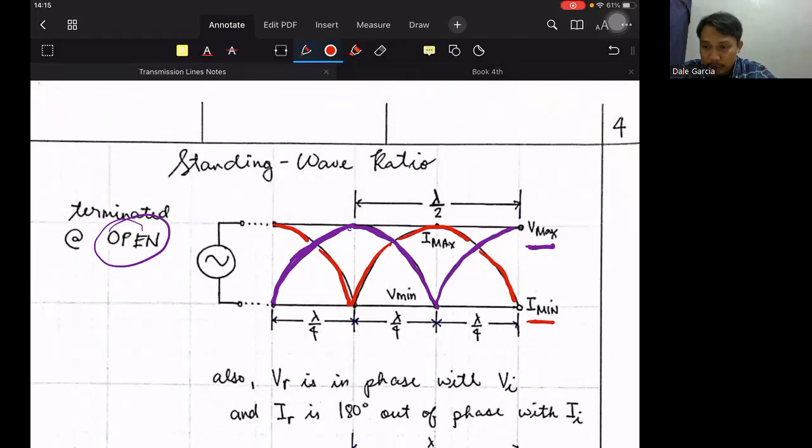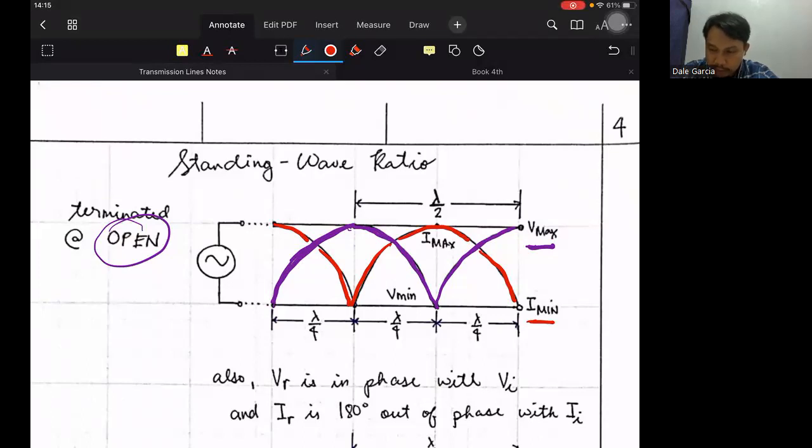Much like an open circuit, where current cannot pass through, so current is 0. Same here. The value of the current standing wave at the open end of the transmission line is 0.